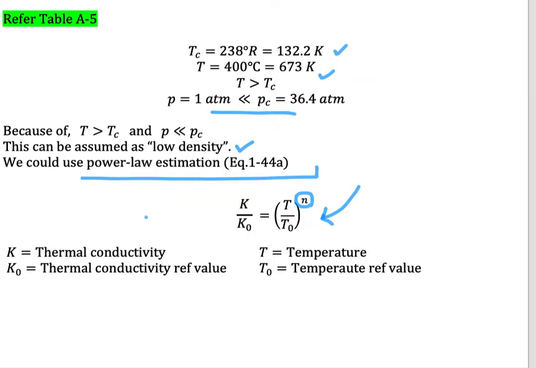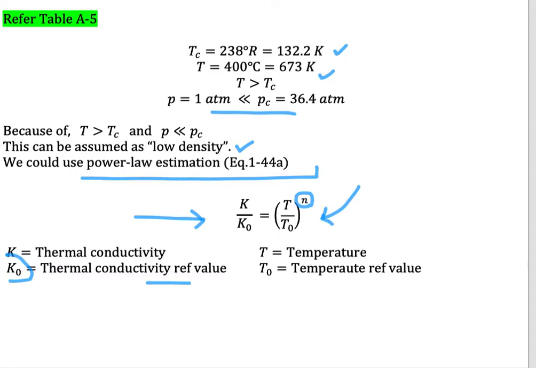So for the low density here, the equation is k over k naught equal to T over T naught to the power of n, where k here is the thermal conductivity and k naught is the thermal conductivity of the reference value. So this is always the k naught here.